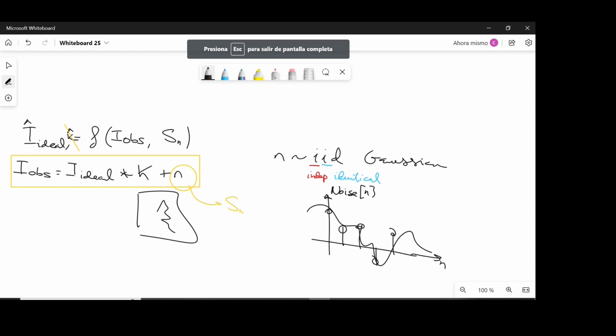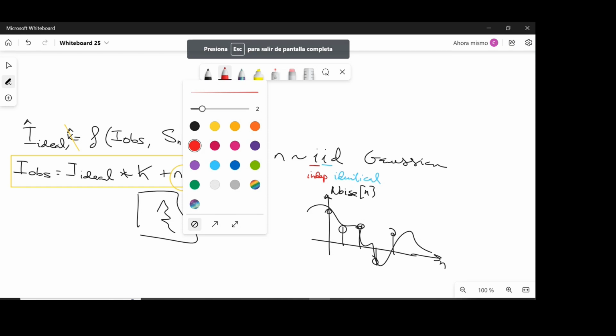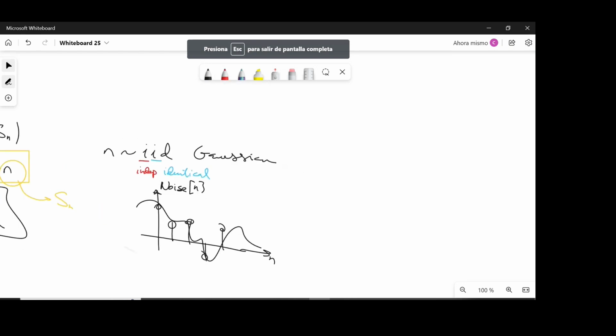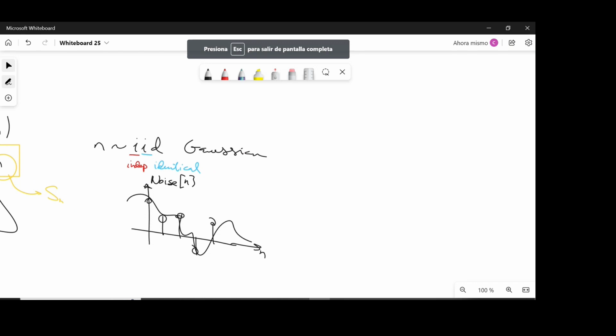Independent means that given any two samples, so the definition of independence, the noise at the sample and the noise at another sample, so at another location.